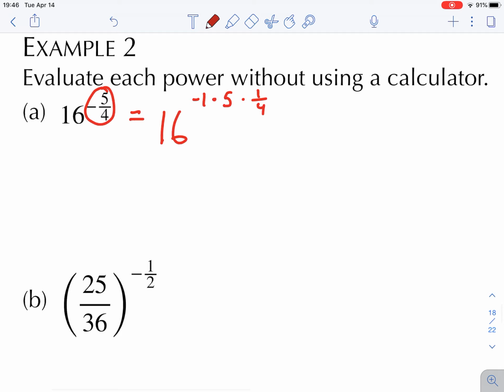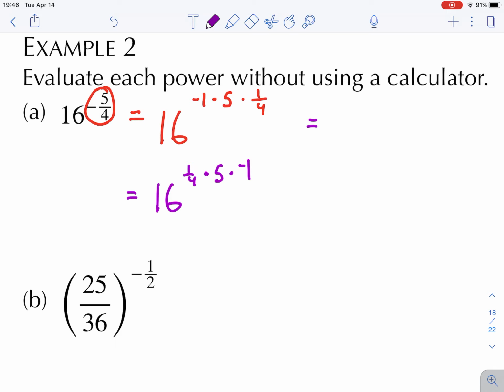Those are 3 things. Negative 5 over 4 can break down into these 3 multiplications. Okay, I'm going to rearrange them now, because I want the 1 over 4 to go first, and I want the negative 1 to go last. 16 to the power of 1 over 4 times 5 times negative 1. That's the way I want it to go.